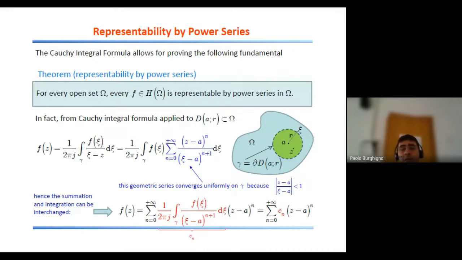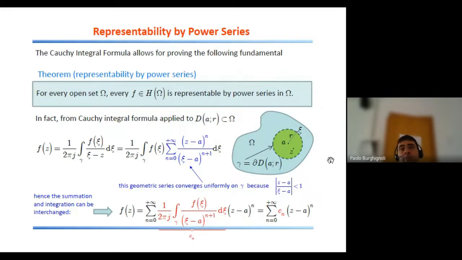Why is that? Well, consider an analytic function inside a given open set omega, which is in light blue here in the picture, and consider any point A inside this omega domain, and consider also a disk entirely contained inside omega, with radius r, such that the disk in green is entirely within omega.